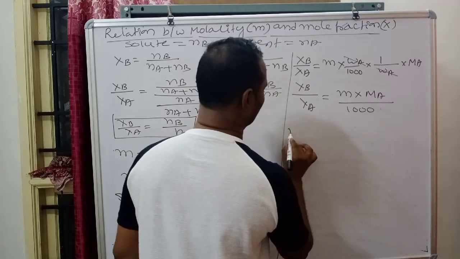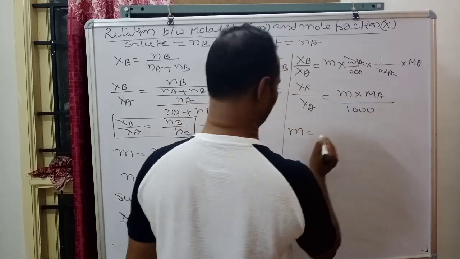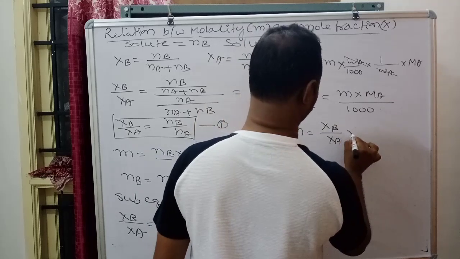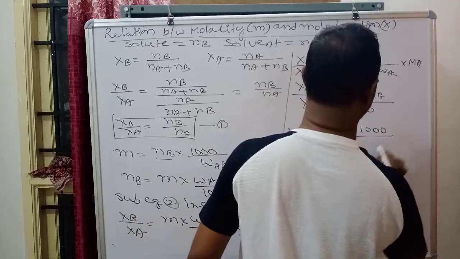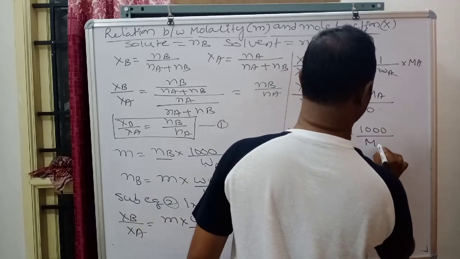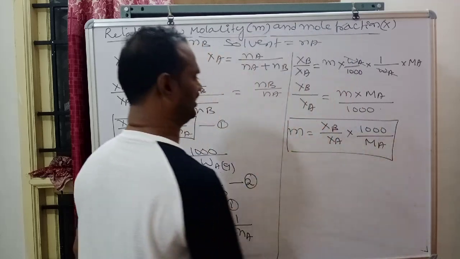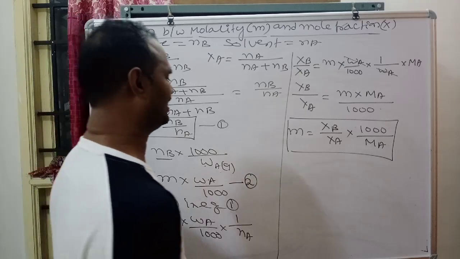If you want to write molality, we separate molality and take the remaining to this side. XB by XA into 1000 comes into the numerator, by MA. This is the relation between mole fraction and molality.